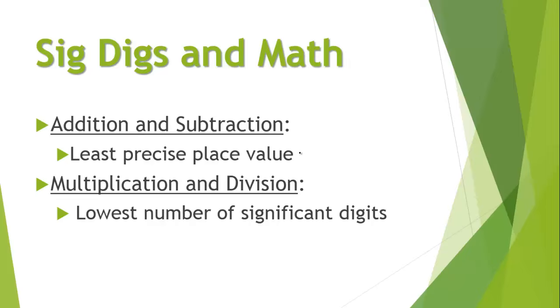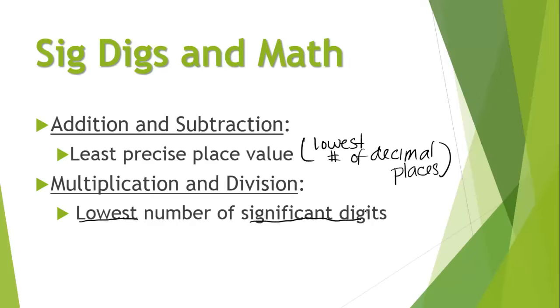So least precise place value, you can also think of as lowest number of decimal places. Where this is lowest number of sig digs for multiplication and division. Always the lowest, but it just depends on if we have to actually determine those significant digits.